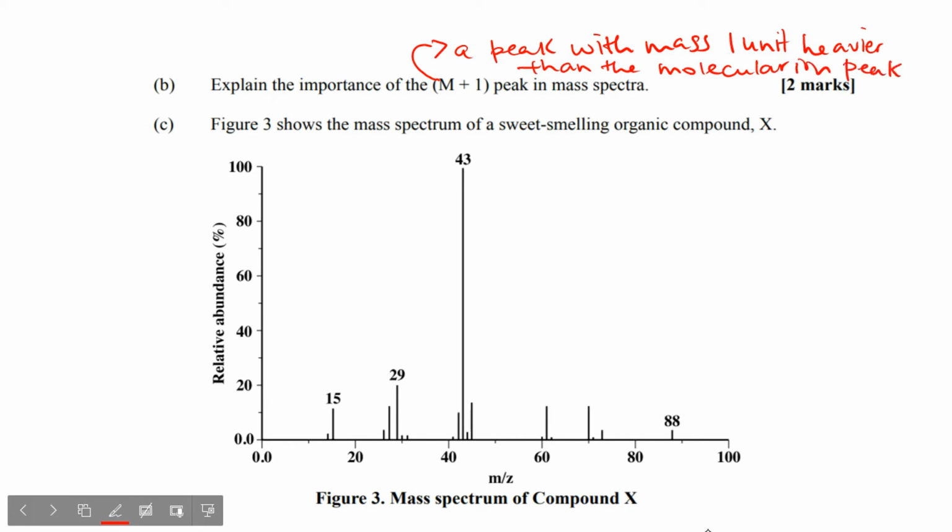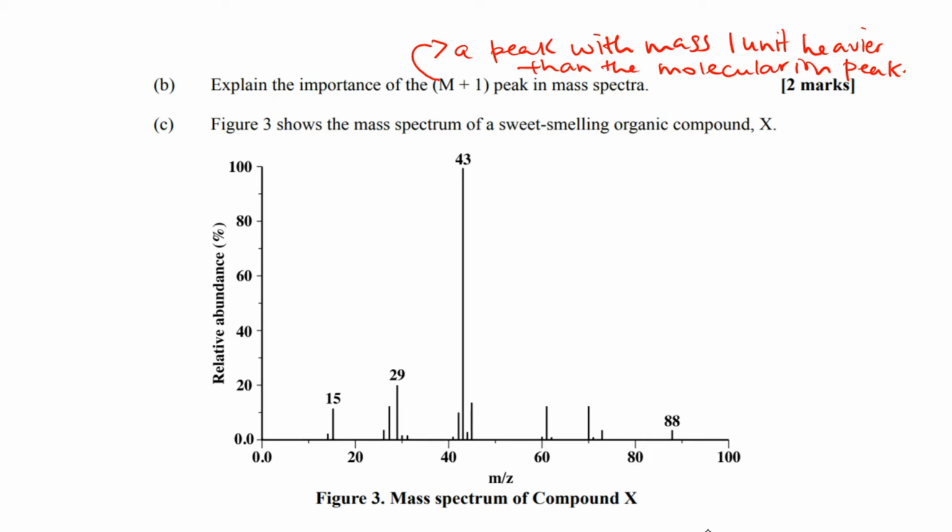And what this M+1 peak tells us is that there may be present in your sample carbon-13 or hydrogen-2 isotopes in some of the molecules. So it represents your isotopic peaks within your sample. Right? So that's the M+1 peak.